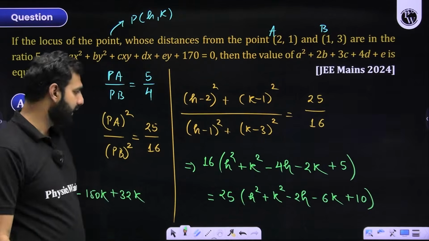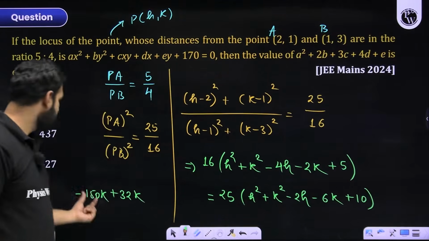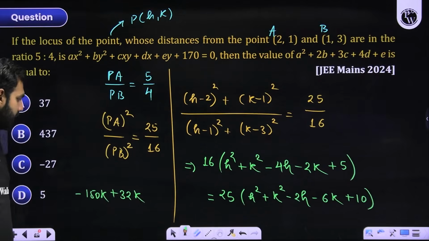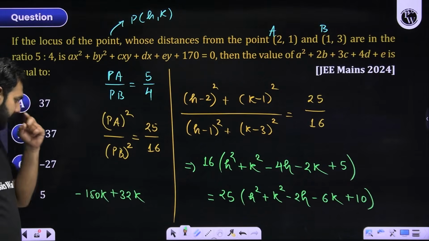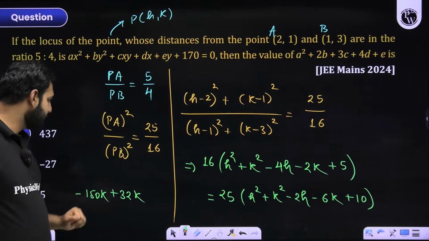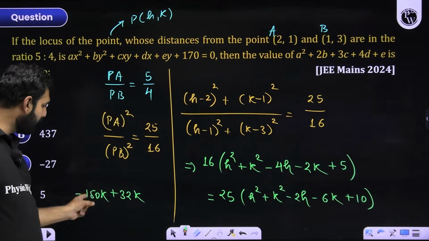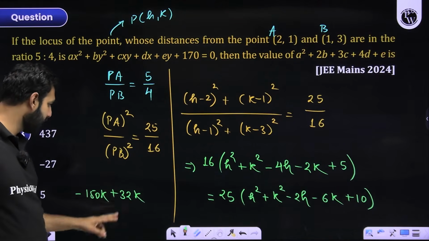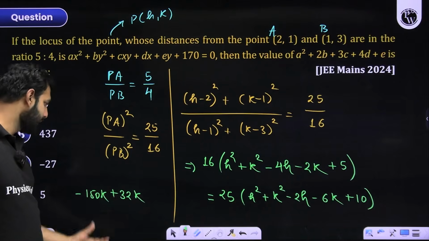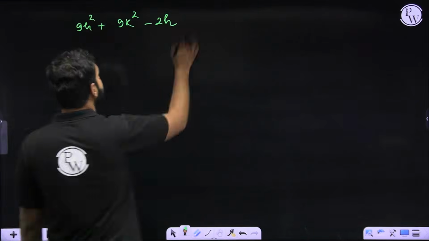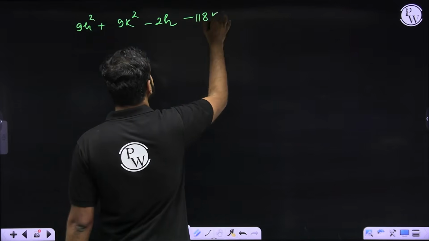I hope I'm writing it correctly. 25 into 6, minus 150, and 16 into 2, minus 32, which becomes plus 32. So 150 minus 32 is 118. No confusion on that. I hope we are going great. That is negative, so negative 118k.